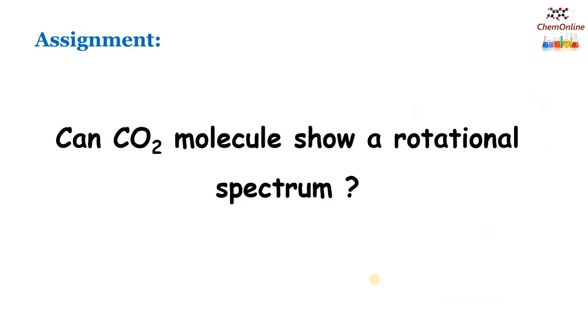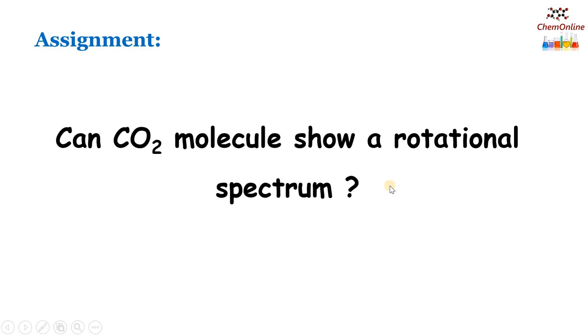Now you have an assignment question. Can the CO2 molecule, carbon dioxide, show a rotational spectrum? Just remember the condition for a molecule to show a rotational spectrum. The molecule must have a permanent dipole moment. So check whether CO2 has a permanent dipole moment or not.